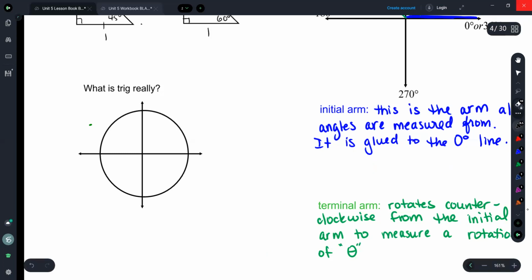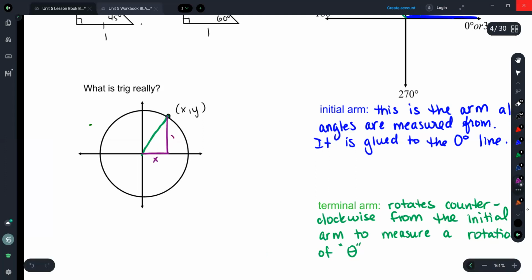The idea behind this is if I have some point XY on the outside of a circle, and I rotate out to that point from my initial arm, which lies at 0, and I want to find information about the rotation, or about the radius of this circle, I can create a right angled triangle that goes X units over and Y units up to get to the point XY.